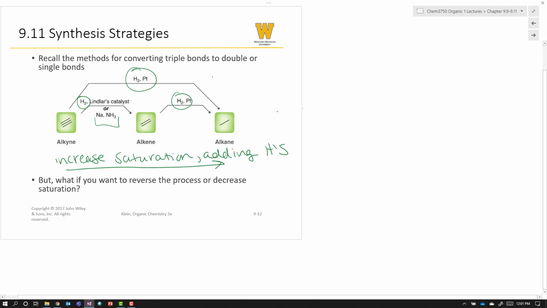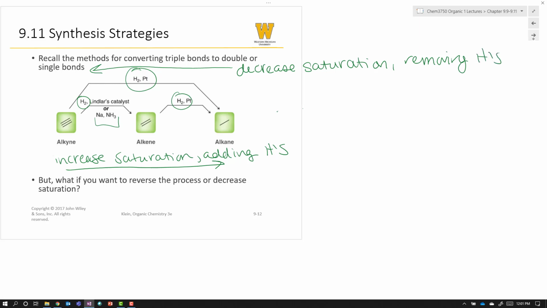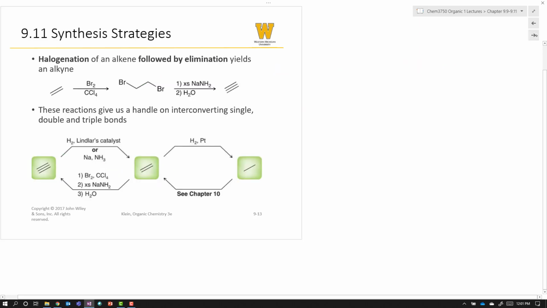So decrease saturation, going from your alkane to your alkyne. And that means that we're removing hydrogens, right? So how are we going to do that?